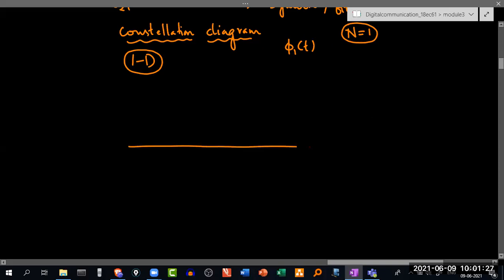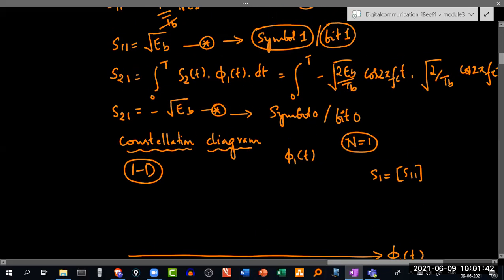So I'll have only one axis over here, which corresponds to phi 1 of t. And over here, what is the value of signal 1, or what was this coefficient value? This S11 over here is equal to positive square root of EB.